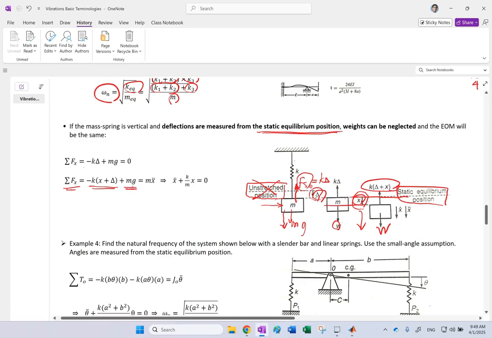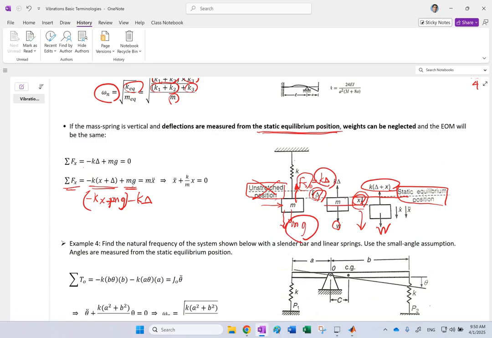Now if you look here, if you expand this, this is going to be negative kx plus mg minus k delta. And these two together, when you add them, should be equal to 0. Why? Because initially, when you were in static equilibrium, the sum of these two forces was 0. So these two would cancel out, and the only thing left on the left side is these two. Seems like I made a mistake. Yes, I did.